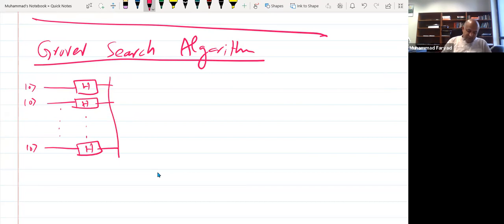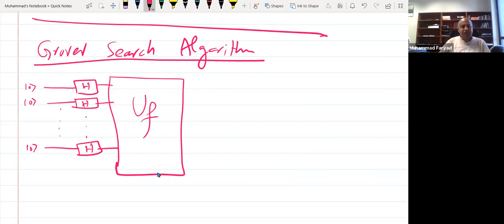And then you implement the black box function f as part of a phase oracle f, so that it multiplies the input state with -1 raised to power f of x, just like our Deutsch-Jozsa and Bernstein-Vazirani algorithm. And it gives the output. And then this algorithm has another Hadamard transform.